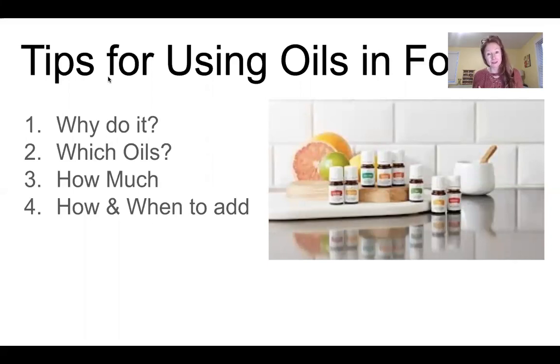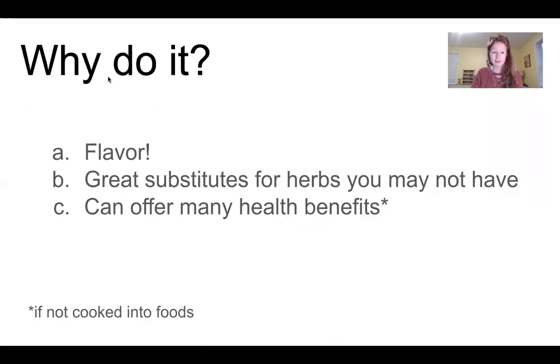Which oils are best to use in your food? How much? That's a big question that people have: how much do you put in? How do you know how much to put in for recipes, because most of your recipes aren't going to call for oils, right? They're going to call for spices or citrus zest or something like that. So how do you know the ratios? And then how and when to add them. All right, so let's go through these quickly so you have this information.